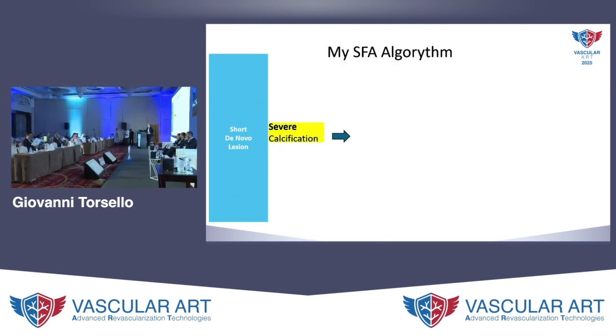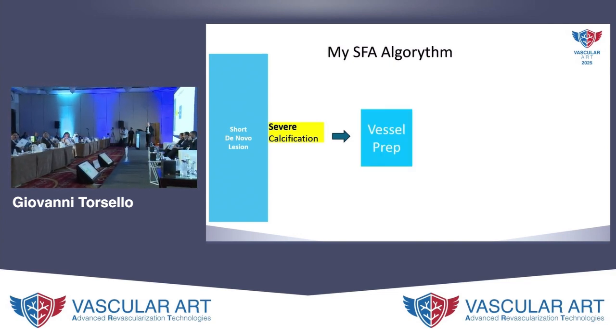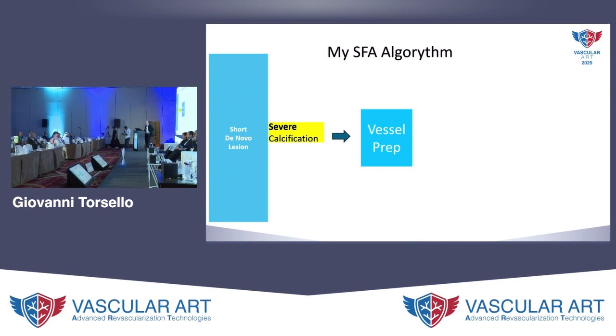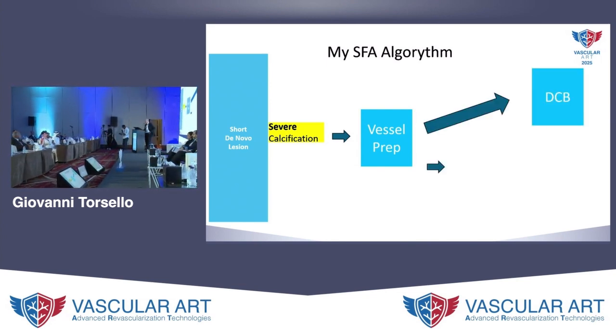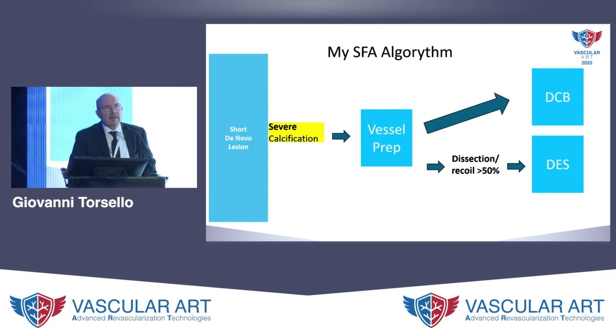If the lesion is short or very calcified, well, PTA is not a good solution in my opinion. We need a vessel prep and then go for DCB if possible. Or in case of dissection or a recoil, go for drug-eluting stent. And the technique of the vessel prep is different if I want to go for DCB or drug-eluting stent.